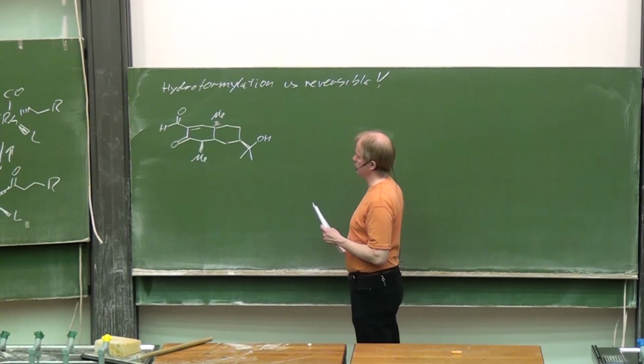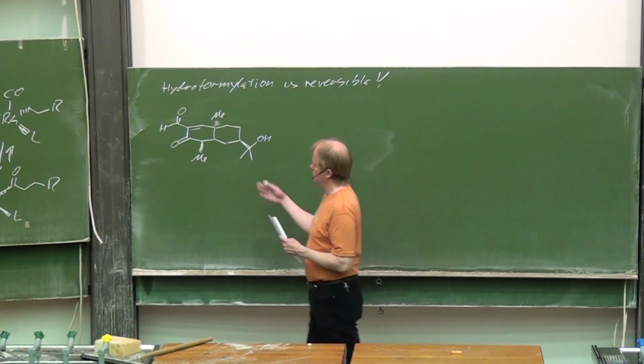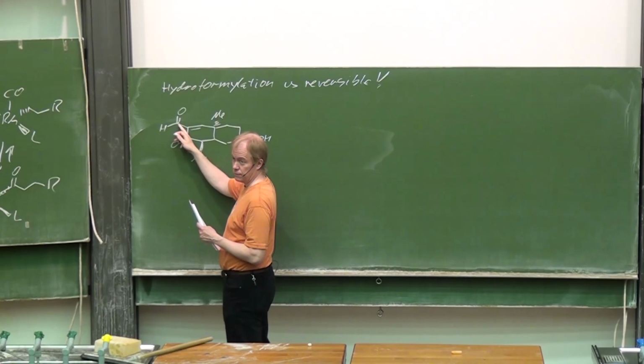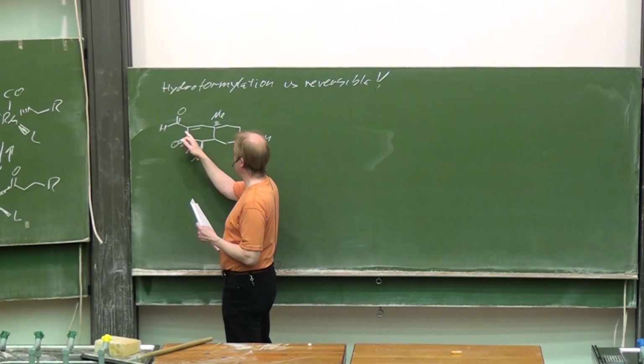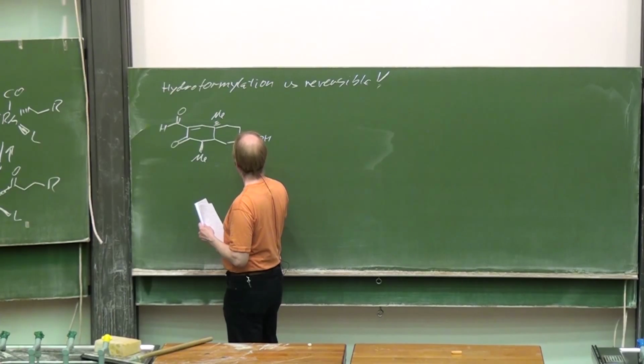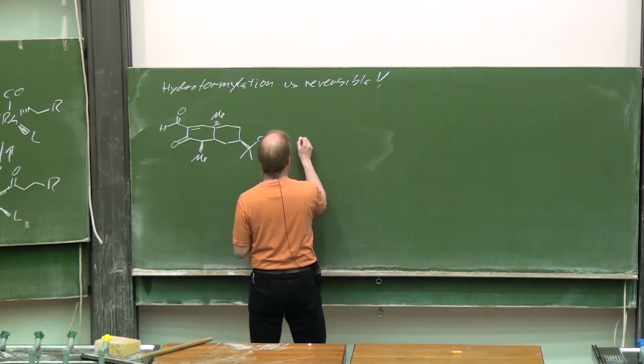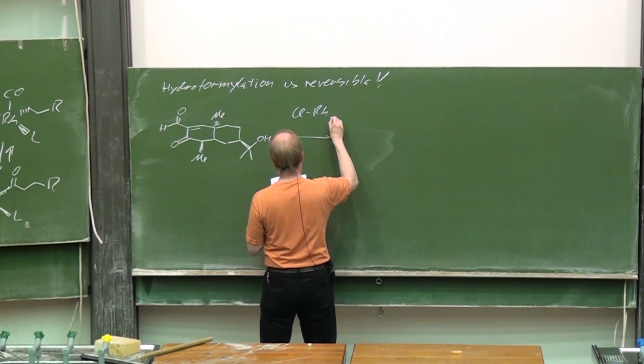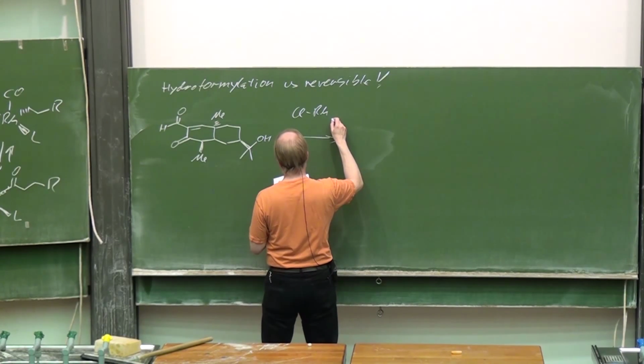They treated this compound, which has an alpha-beta unsaturated ketone, an aldehyde functionality, also alpha-beta unsaturated, then a tertiary alcohol here, with this catalyst, rhodium triphenylphosphine chloride.